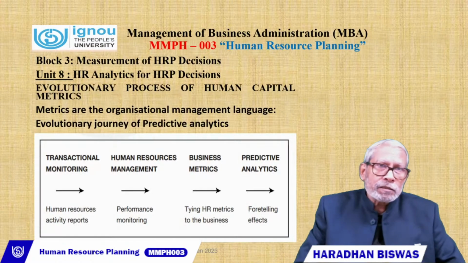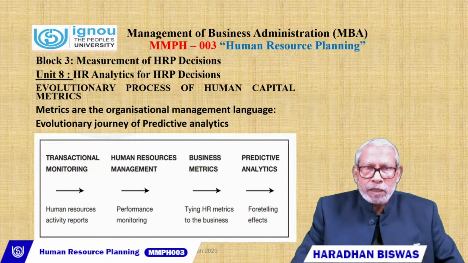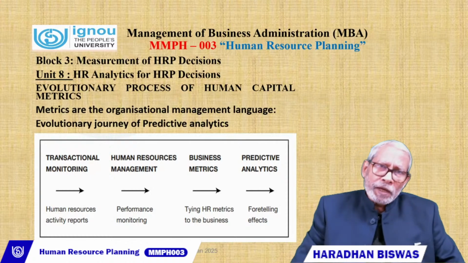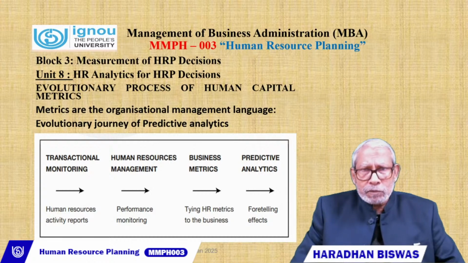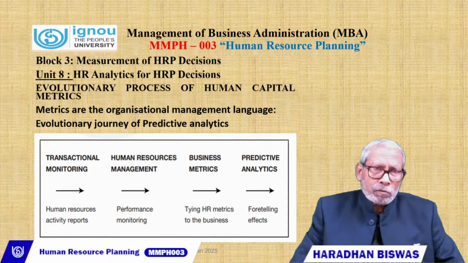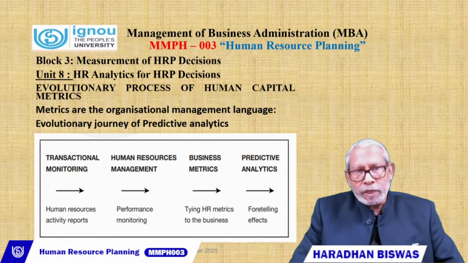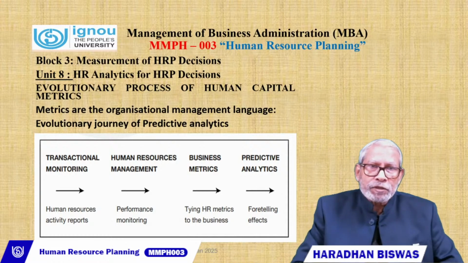Now after that, you see there is a diagram. Predictive analysis: how to evaluate things. The first is transactional monitoring, which is your human resource activity reports. Then human resource management, where you have to monitor the performance.